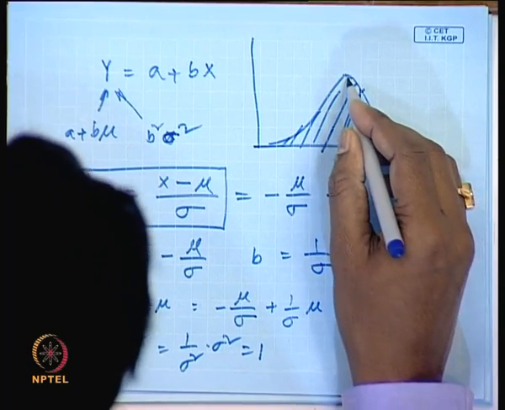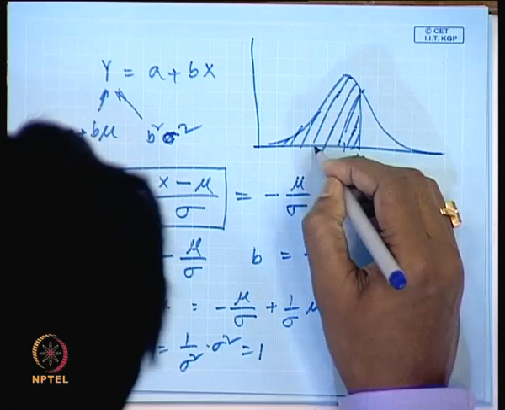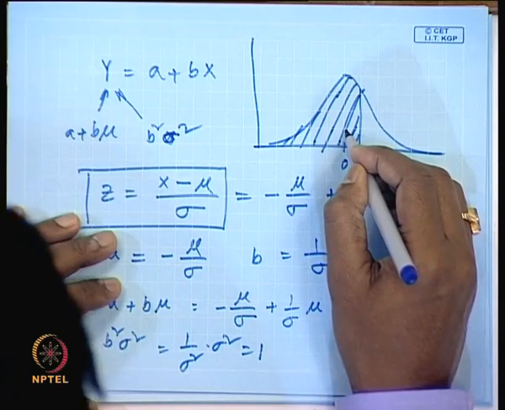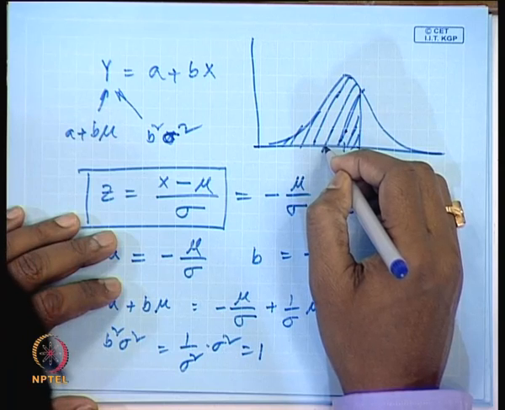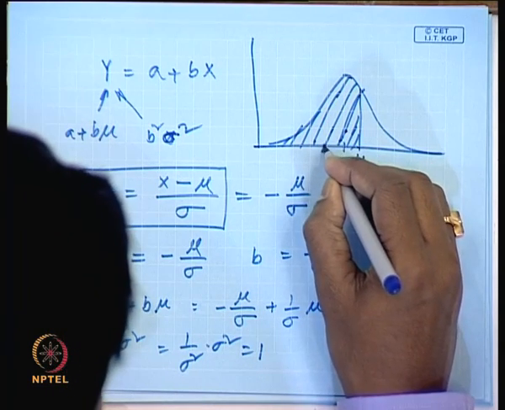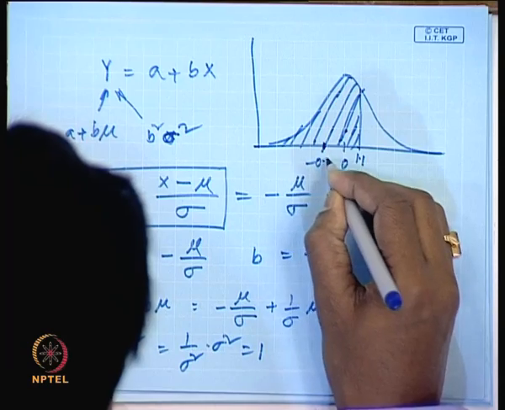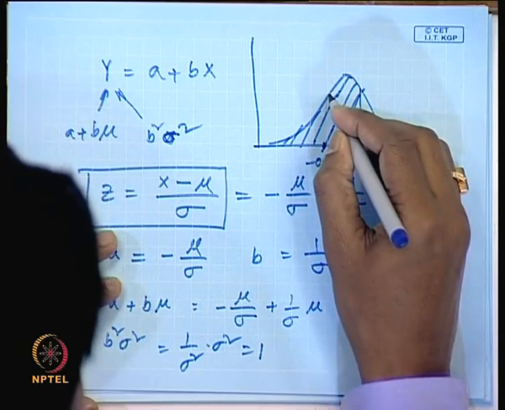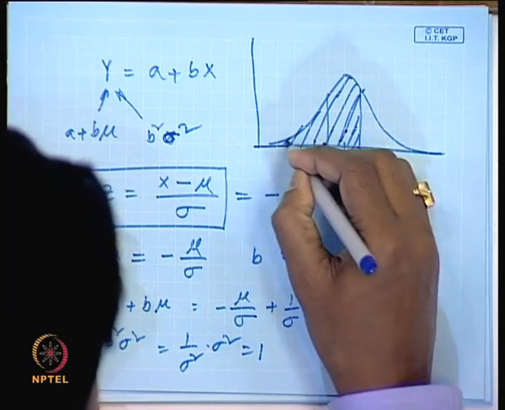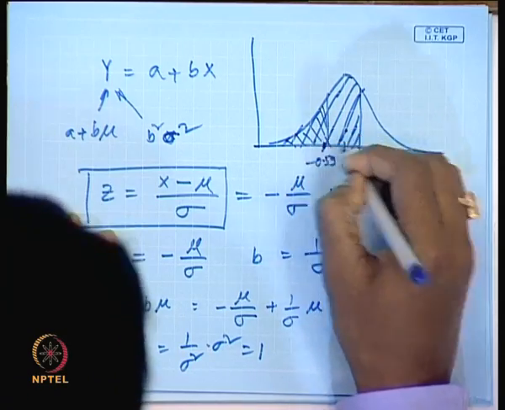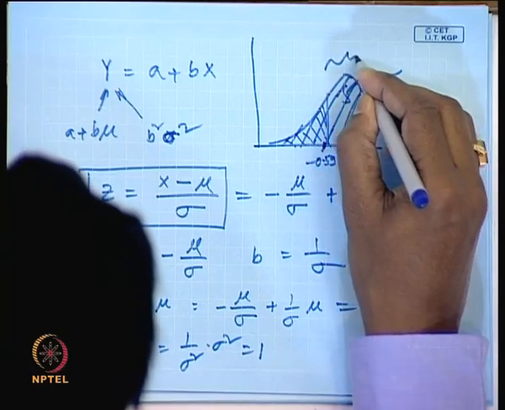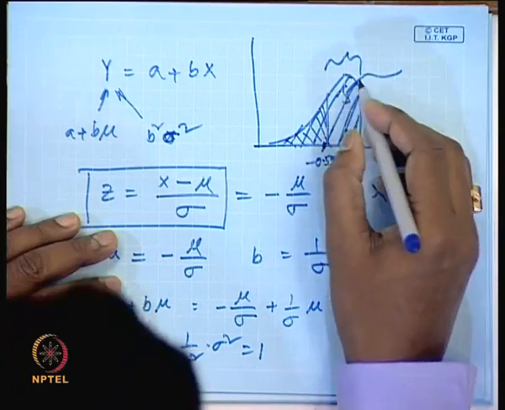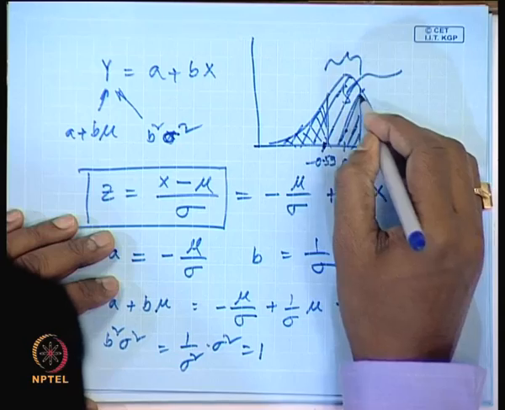For the left limit, which is minus 0.59, maybe somewhere here, we deduct the area up to this much, so that we get only the area in between these two limits.